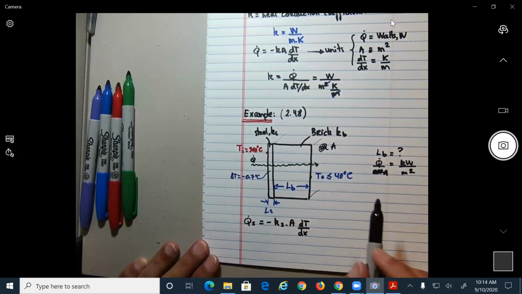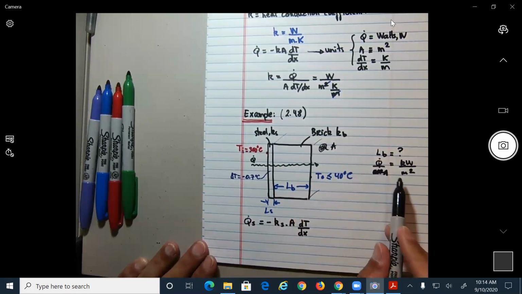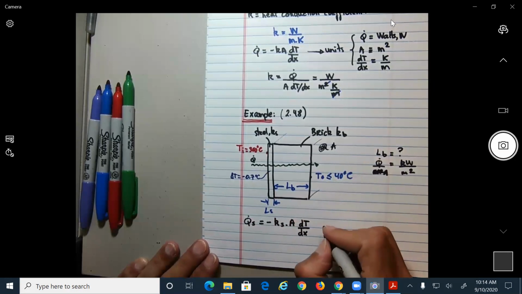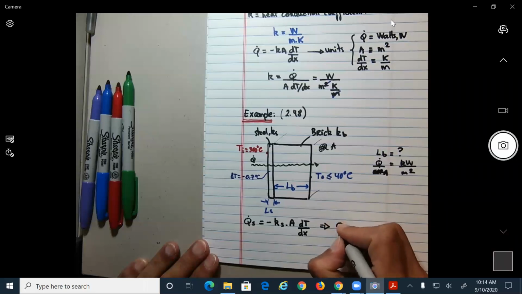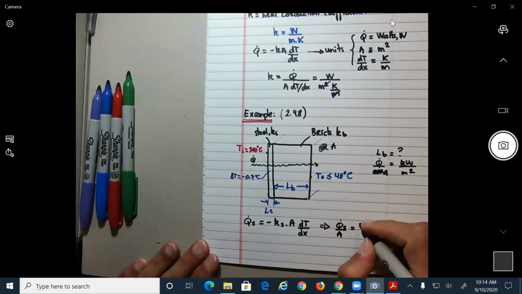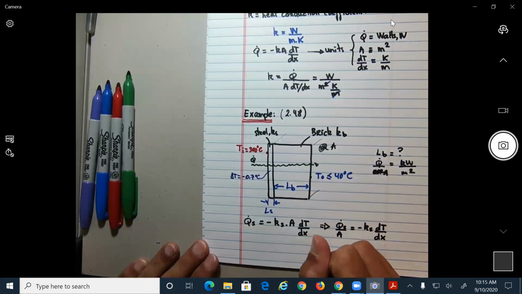So in this case, since we don't know the area, and they actually ask us to find this as a function of the area, we can say that Q of the steel per unit area would be equal to minus Ks dT dx. I'm going to try to do everything symbolic in the end.